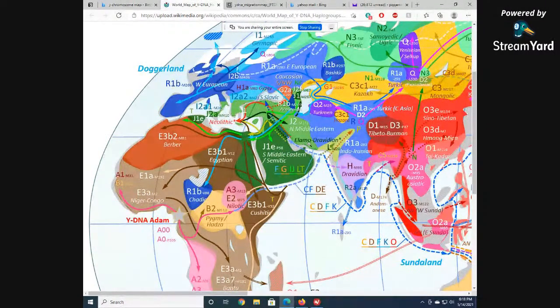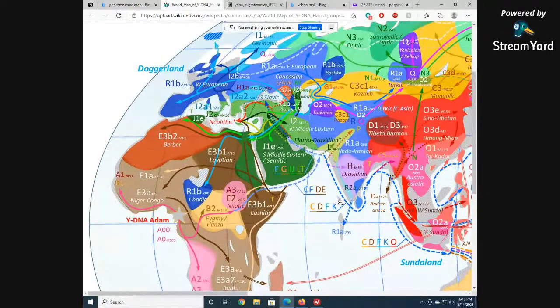Arpachshad would be the J1, the J2, and the I's, which we'll get to. And we have right here, it's very clear that the Elamites, which are also Semitic descendants of Shem from Elam, they are the Dravidians, and they're designated here as Dravidian H. So there's no doubt about that. So we have the J1, the J2, and the H already identified.